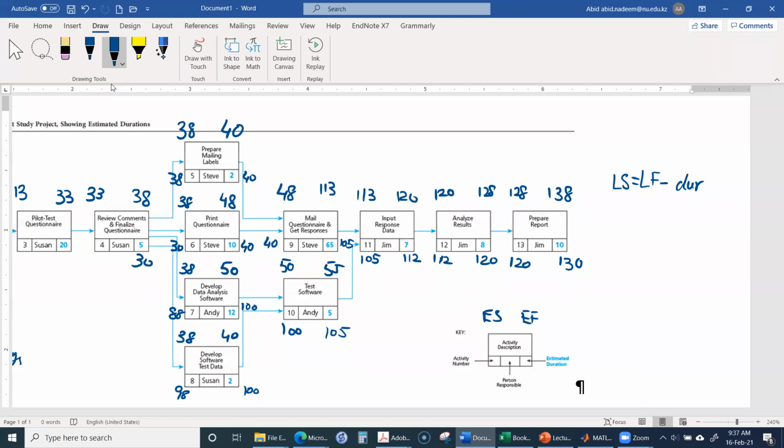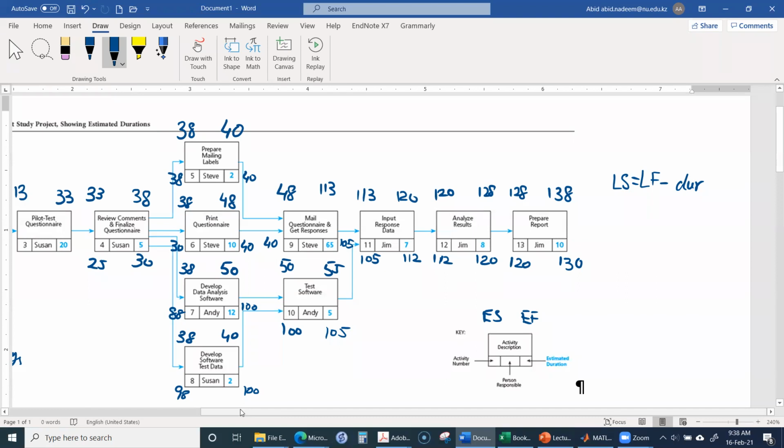When we are going backward, we will take the lowest time. 30 minus 5 will be 25. So when moving forward, we take the highest time, but moving backward, we take the lowest time.